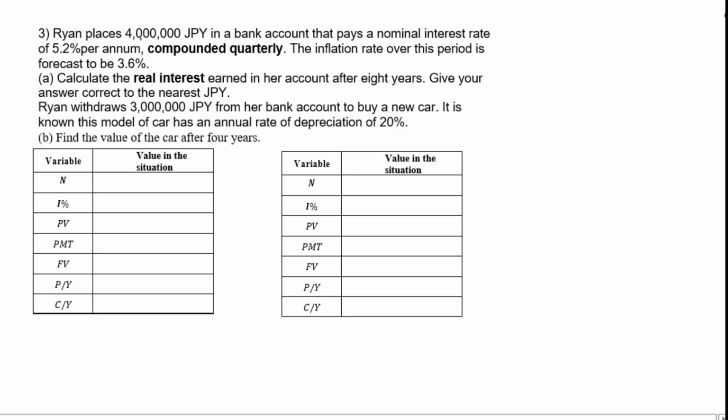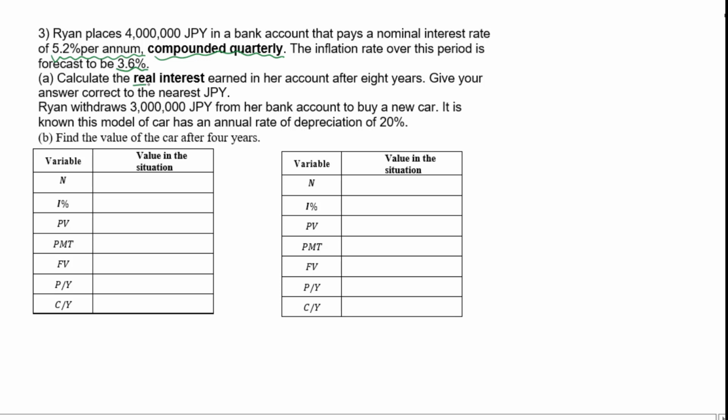Let's go to number 3. Ryan places 4 million JPY in a bank account that pays a nominal interest rate of 5.2% per annum, which means per year, compounded quarterly. The inflation rate over this period is 3.6%.